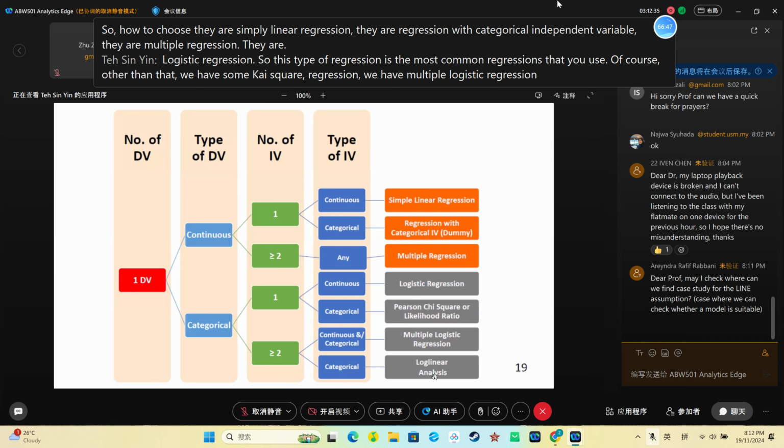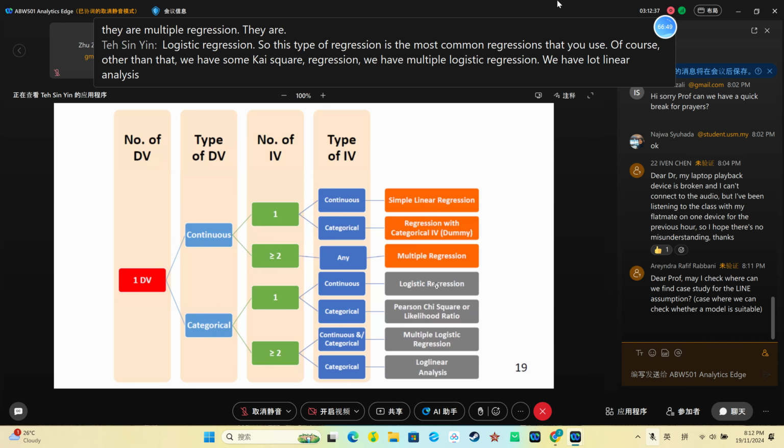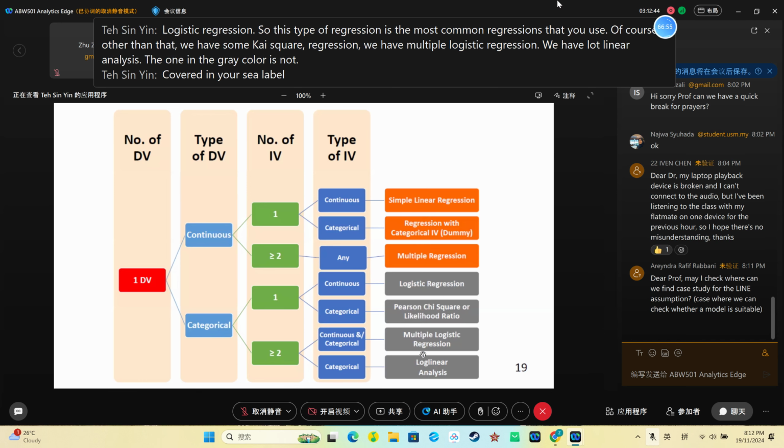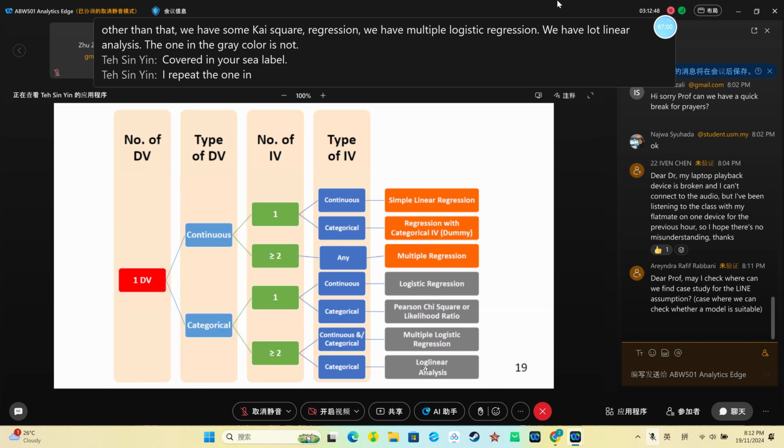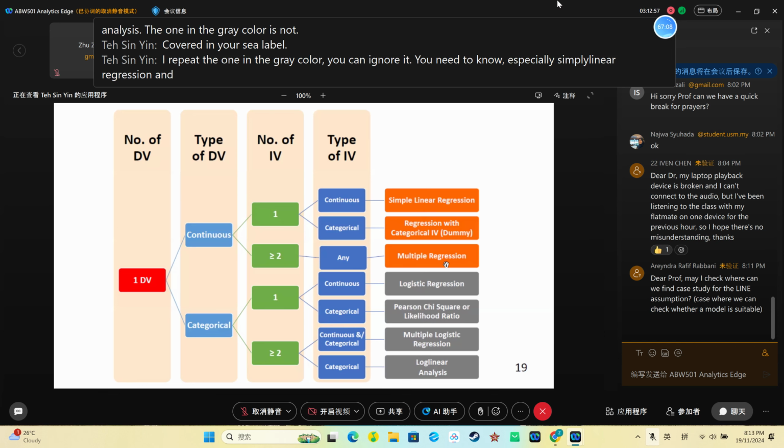We have log linear analysis. The ones in the gray color are not covered in your syllabus. I repeat, the ones in the gray color, you can ignore. You need to know especially simple linear regression and multiple regression.